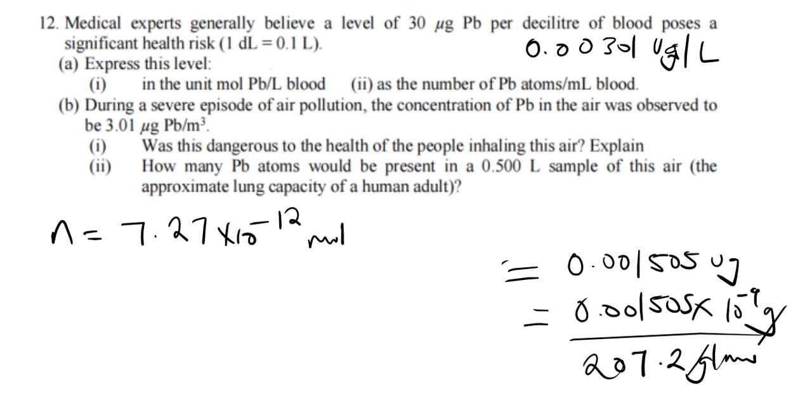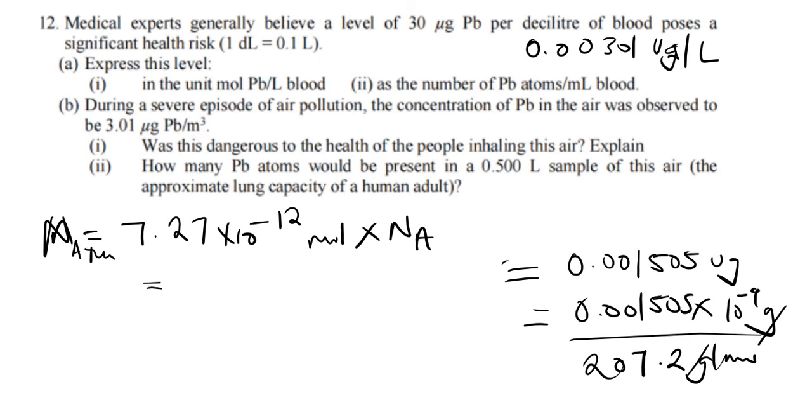So in this case, what do we do? We multiply by the Avogadro's number to find the number of atoms. So when you get that, we multiply it by 6.022 times 10 to the power 23 atoms per mole.